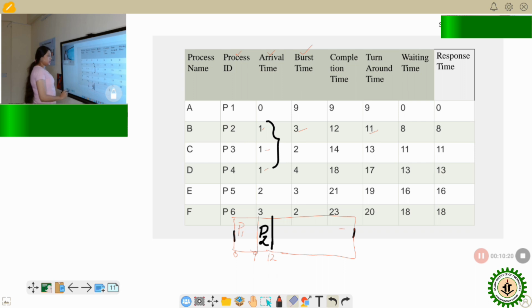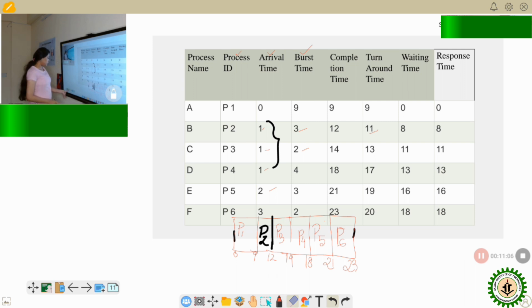Then next P3, its burst time is 2, so P3 runs 12 to 14. Then P4, 14 to 18. Then P5, whose arrival time is 2, so we select it first. Then P5, then P6 at the last, its burst time is 2, so it is going to be 23. Okay, this is the whole case.